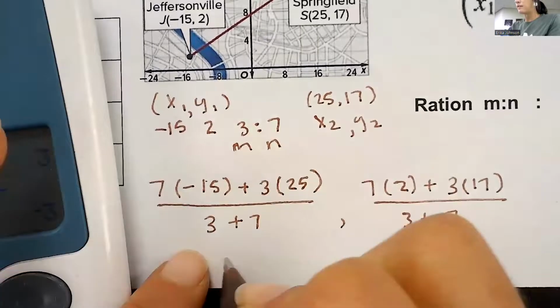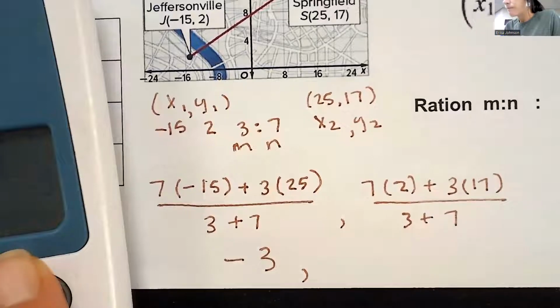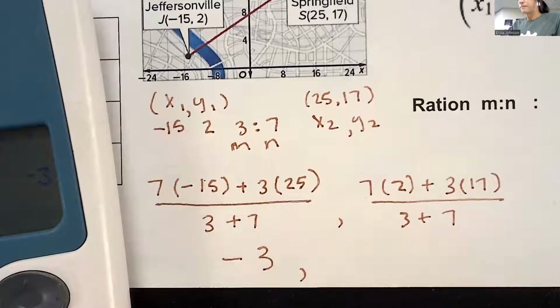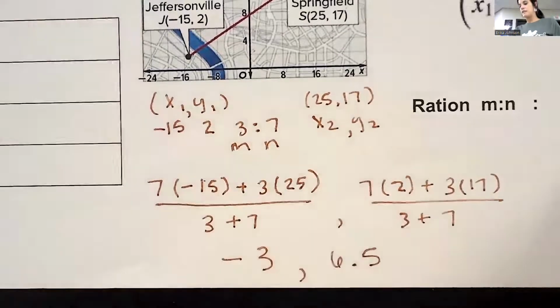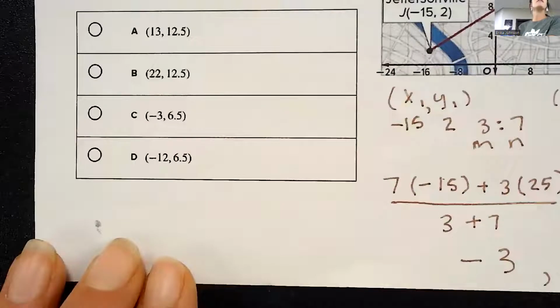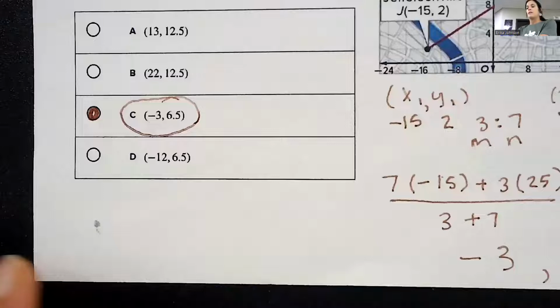This one gives me -3. 7 times 2 plus 3 times 17 over 3 plus 7. This one gives me 6.5. See if that's an answer. -3 and 6.5. Yep, C. That's where they should stop.